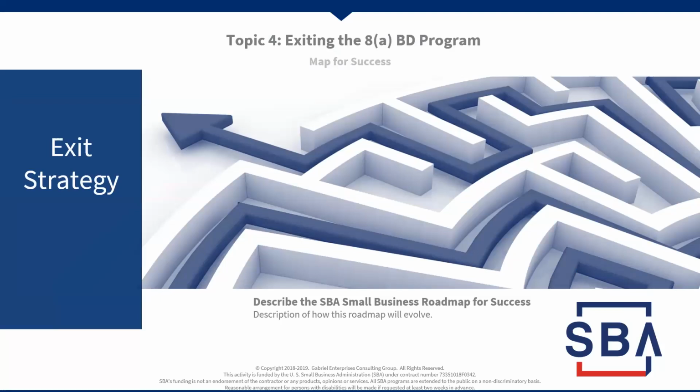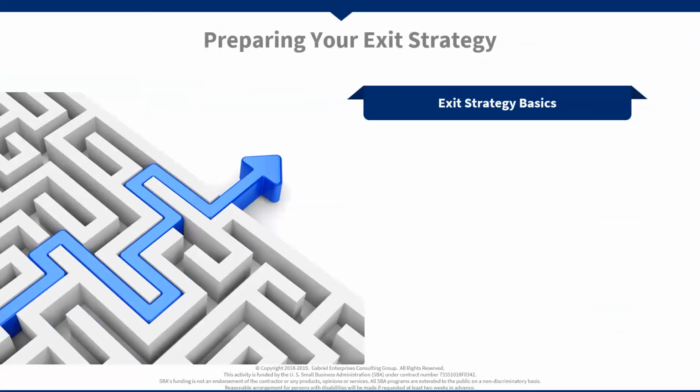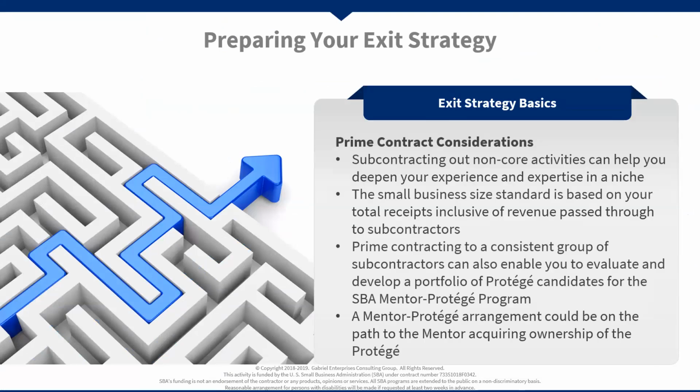Okay, so then you've got a little bit of an exit strategy as you're getting towards the end of your 8A term. How can some of these concepts be useful in that regard? So subcontracting can really help your business. You can deepen your experience and expertise. So that's a useful way to get into different areas of performance. You learn new industries maybe, or learn how to work with different agencies.